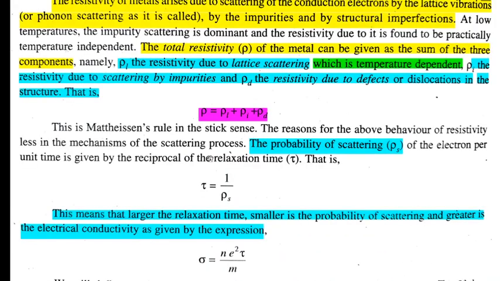Okay. So in the next part we are highlighting a few important aspects: the resistivity of a metal arises due to the scattering of a conduction electron by the lattice vibration, that is because of phonon scattering, and by the impurity. And as I said, structural imperfections are also possible. Structural imperfection, what does that mean?